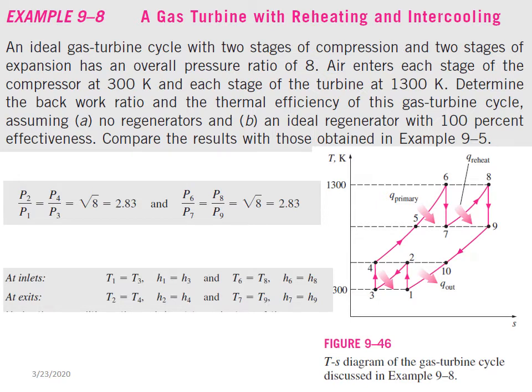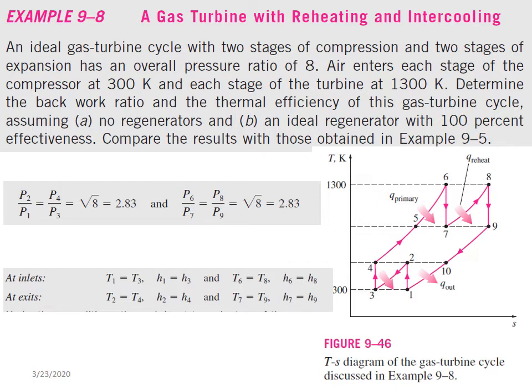Here in figure 9.46, the T-S diagram of an ideal gas turbine cycle is shown. We note that in this T-S diagram, two stages of compression and two stages of expansion are shown.